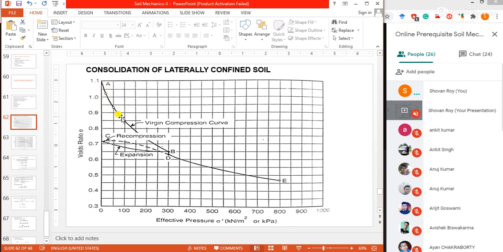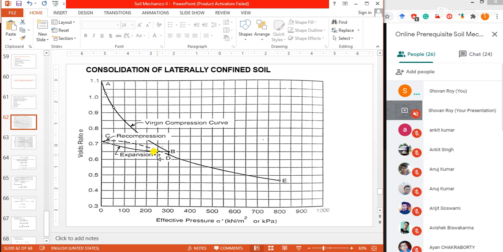Actually the effective pressure versus void ratio curve was A to B, but when we remove the pressure, it is coming back, but it is not following the same BA route. It is following BC, another route, because of some permanent compression, mainly due to some irreversible orientation undergone by the soil particles under compression.